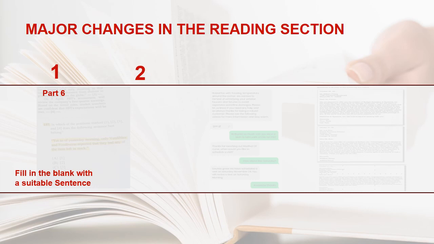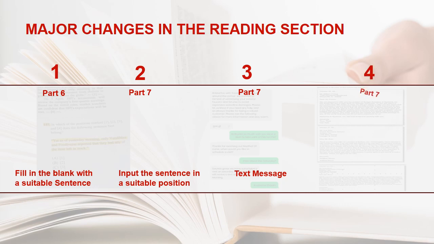The second major change would be to insert the sentence in a suitable position. We will discuss this one in detail later on. The third change we see is in part 7, where normally you will see a text message. And the fourth major change is that you will be able to see triple passages, which we didn't have in the previous version of the test.